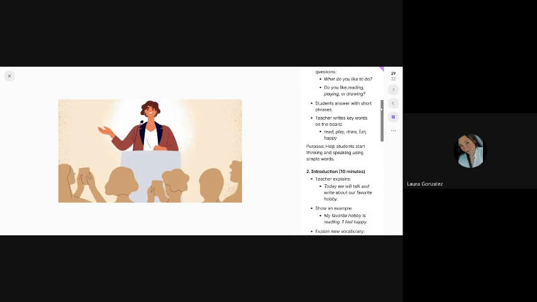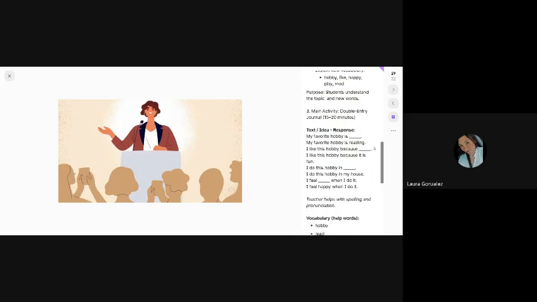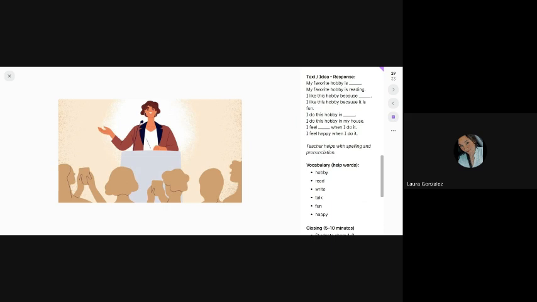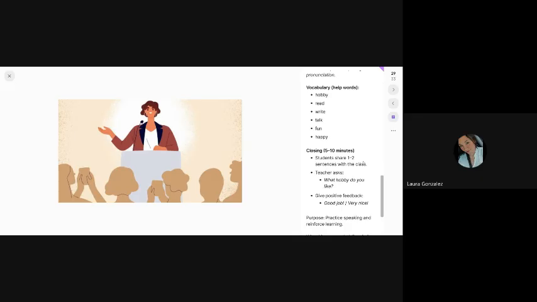And the main activity, double entry journal, is for 15 to 20 minutes. The students have to write the text, an idea, and then a response. My favorite hobby is, in my case, reading. I like this hobby because it is fun.